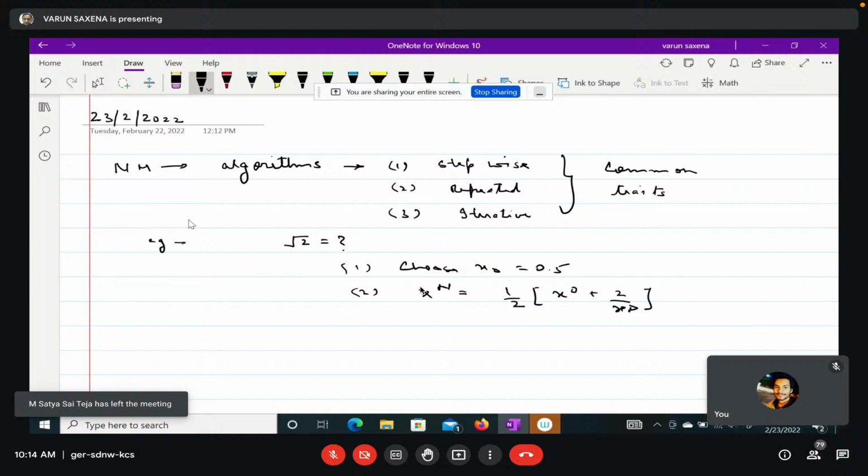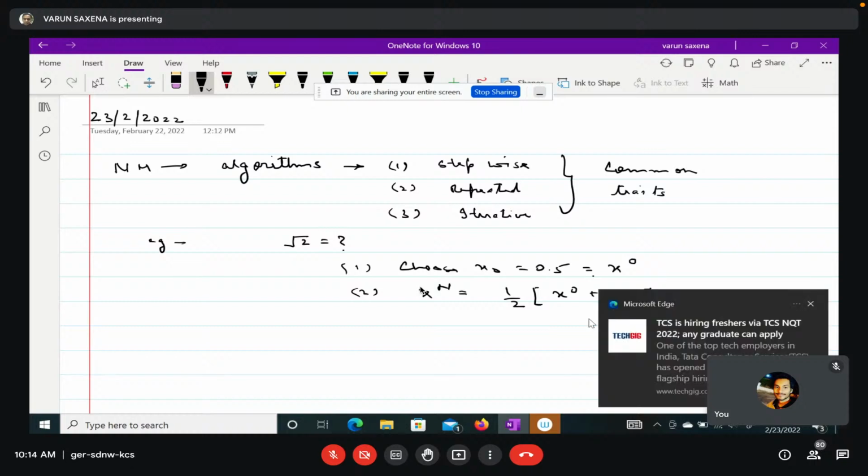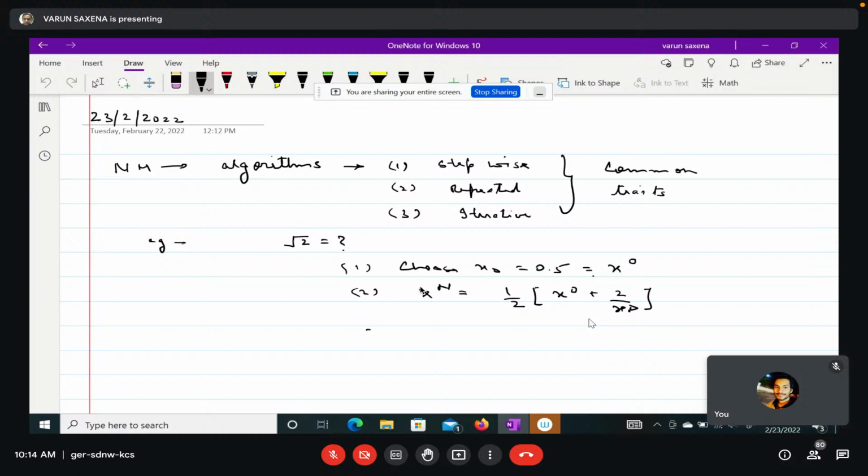And before that, somewhere here, let's also say that we take initial x old to be x naught, and then the third step, obviously in this case, would be that x old becomes x new.